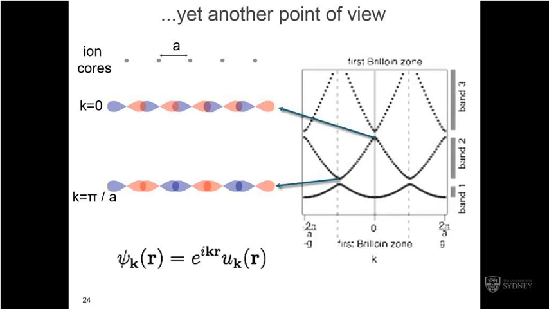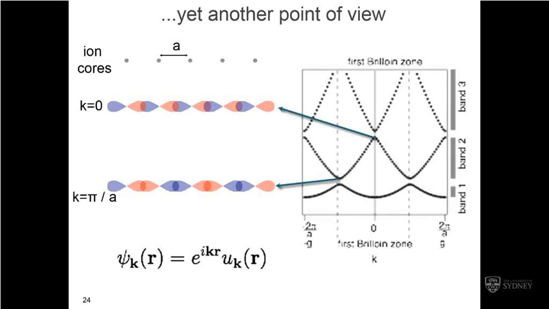So in one dimension, here's the position of your atom, atom here, atom here. This is like a bonding p state, because you have overlap of the same sign of the neighboring orbitals. And when you square that to get the probability of electron density, you get high probability here, high probability here.